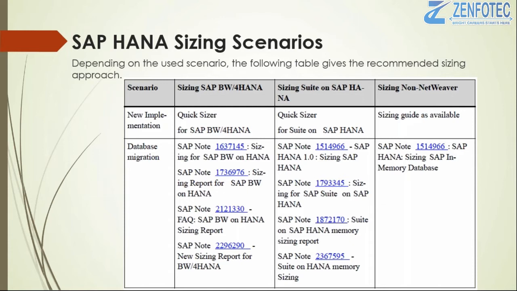If it is a BW system and your database size is very huge, it will give you two recommendations: one for single node, and one for scale-out, that is the distributed recommendation. If your database size is smaller, the sizing report will provide only one node configuration.